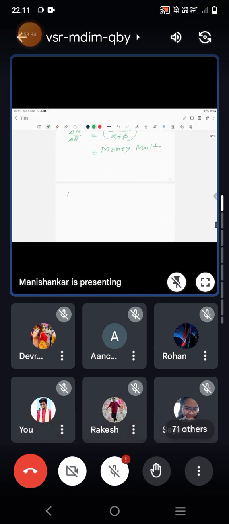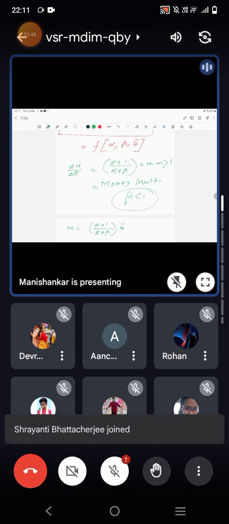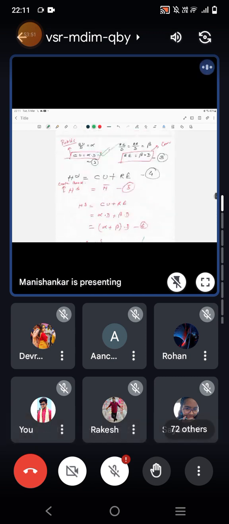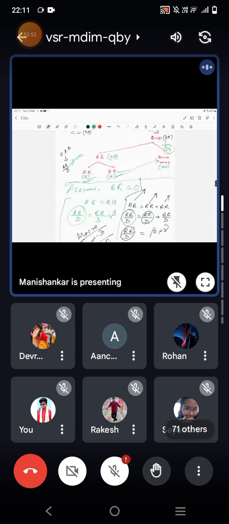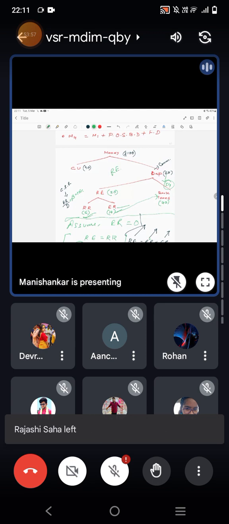M equals alpha plus 1 by alpha plus beta into H bar, and one interesting part is that it is also greater than 1. Why? Since your beta is less than 1. Why? Because what is beta? Beta means reserve by deposit, and reserve is a part of deposit.